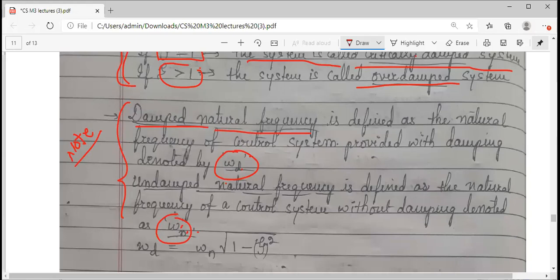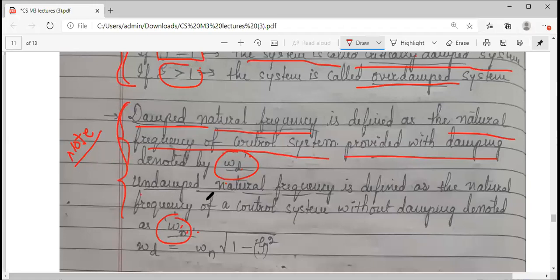So during this process, from oscillations, vibrations, movement to attaining the equilibrium state, the frequency of the control system is called the damped natural frequency. It is the natural frequency of the control system which is provided with damping. So the frequency with damping, which keeps reducing towards equilibrium, is called the damped natural frequency, WD.